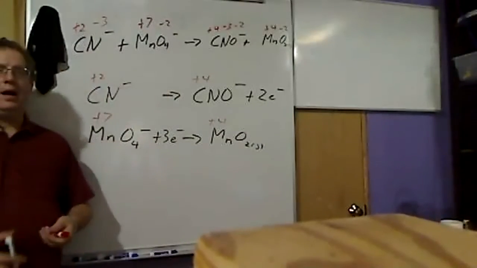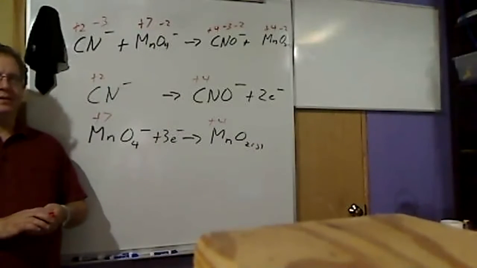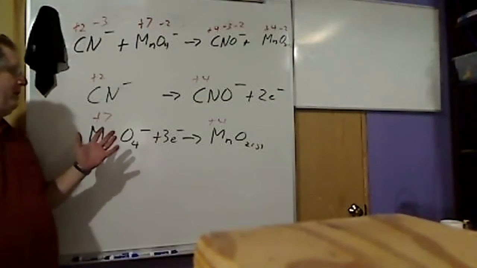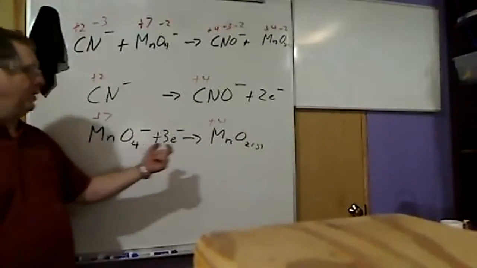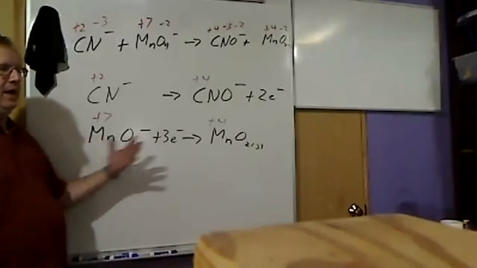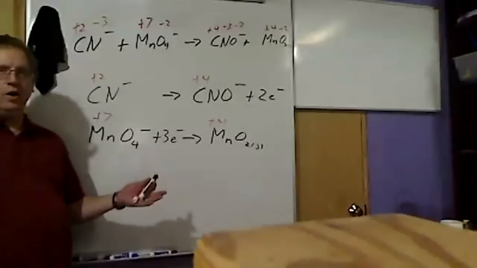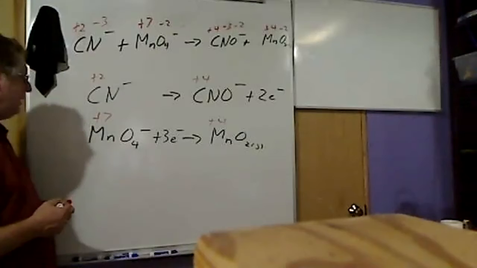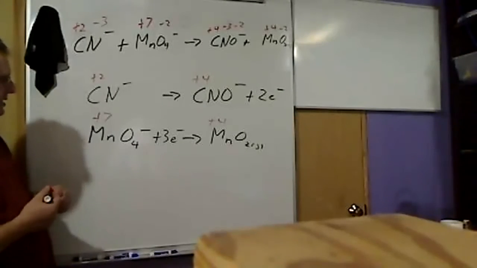Okay, are my electrons balanced? No. Sometimes it happens where you do this and you come up with the electrons that are balanced. The other thing, the most common mistake people make on this is, for example, if I had I minus here and I2 over here, I would need to have 2 I minuses. People forget that a lot. That's the easiest mistake to make. I know, because I make that mistake all the time. All right, balancing electrons, 2 and 3, the least common multiple of that is 6.